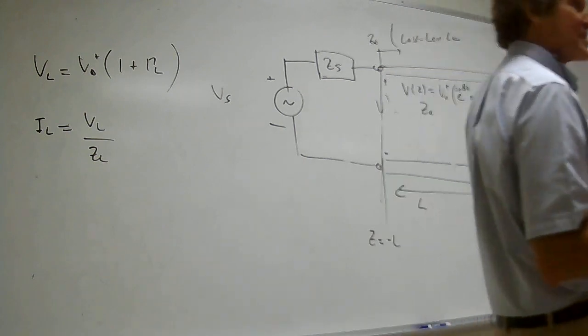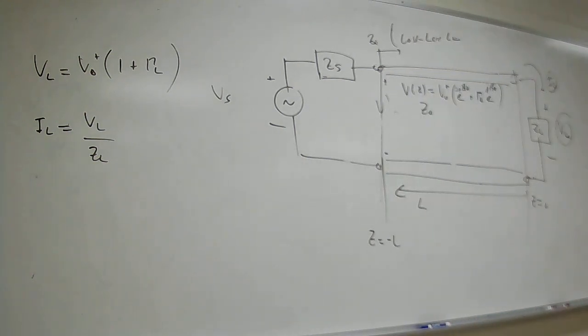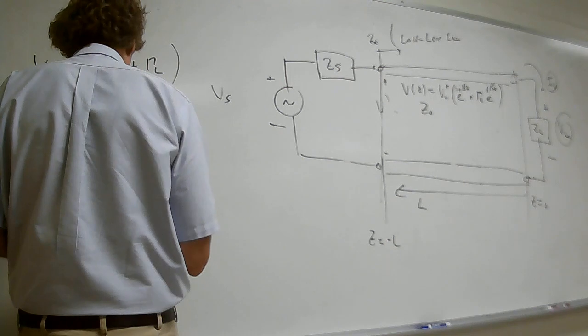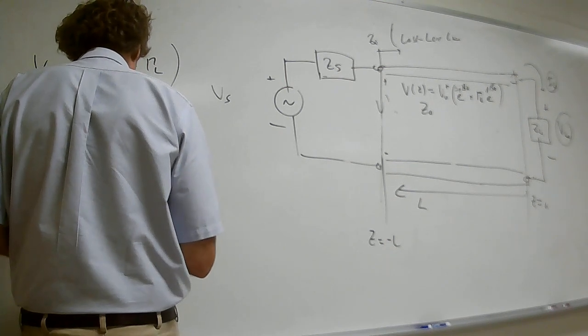Ready for your bonus question? Let's see if you get a quiz on Monday. No, I'm kidding. How would you get the power at the load? Power dissipated at the load. What's fundamental? This is current and voltage like you had before. Now I want the average power dissipated at the load, P-average at the load. How do you get it?